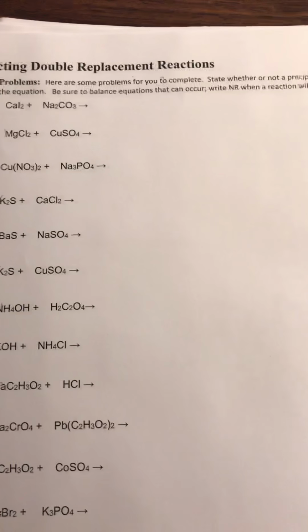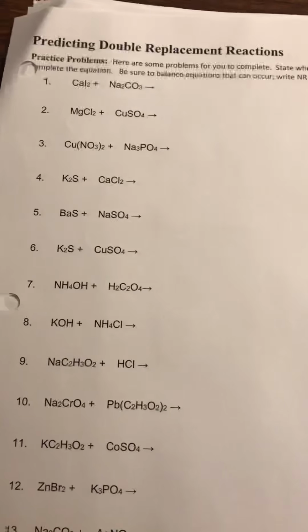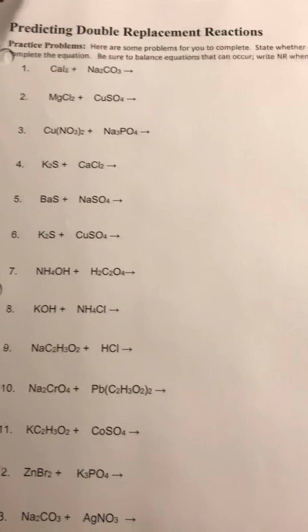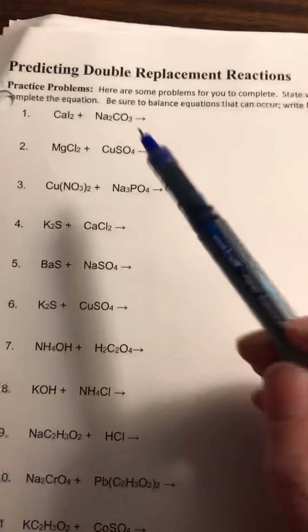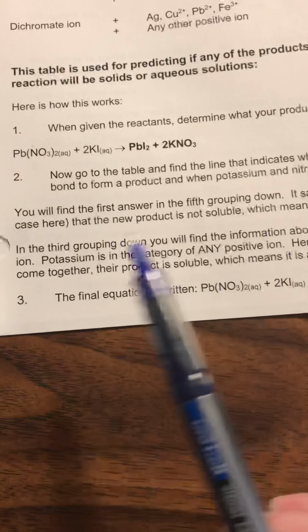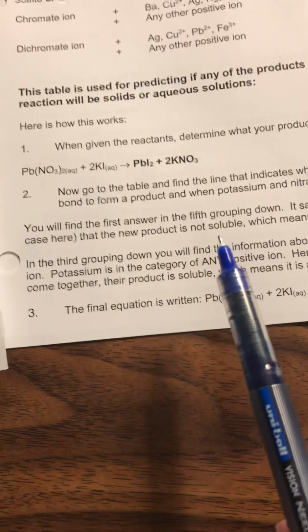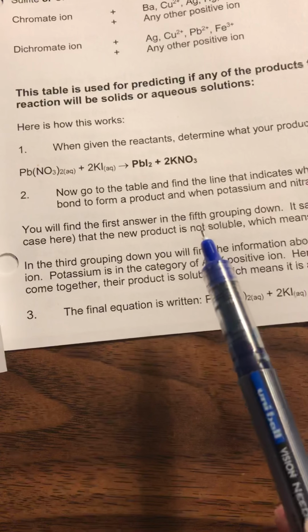So you're also going to need a copy of this paper. Okay? So, again, I'm going to just talk about what to do here, which is exactly what the bottom of this paper describes for you in written form. So you always have the written directions on the bottom down here to go back and look at when you need to study.